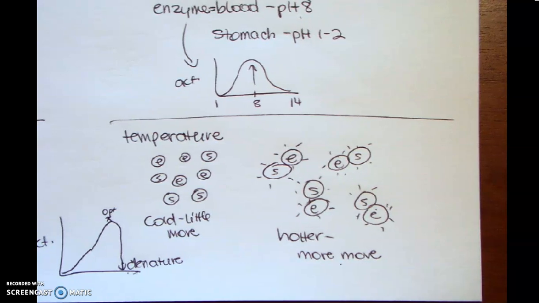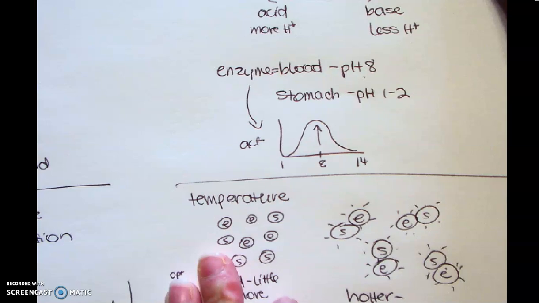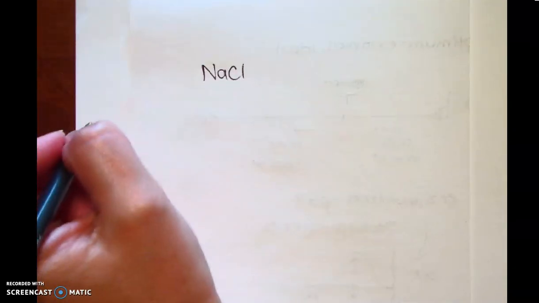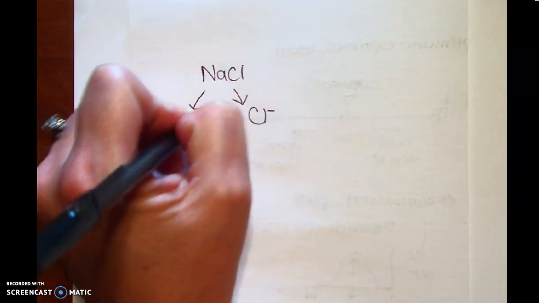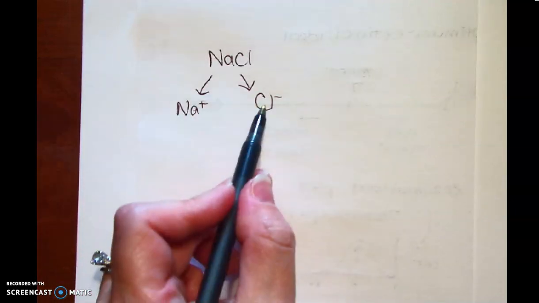The last one says, I can explain how salt can affect enzyme function. And so I'm just going to fold this over. Salt, because it is a molecule, an ionic compound, I should say, when you drop it into solution, and most enzymes work in solution, it's going to break into its different ions, and they are charged.